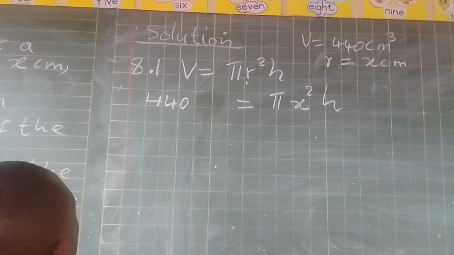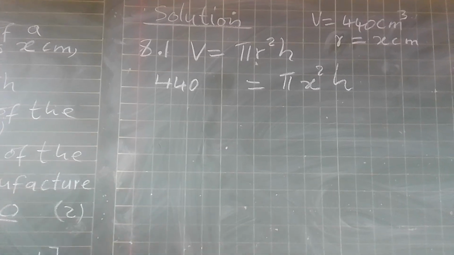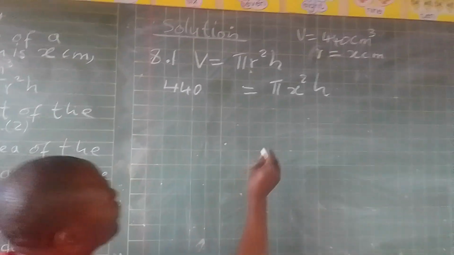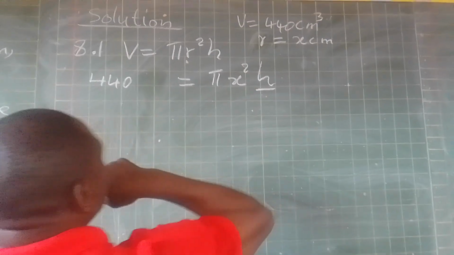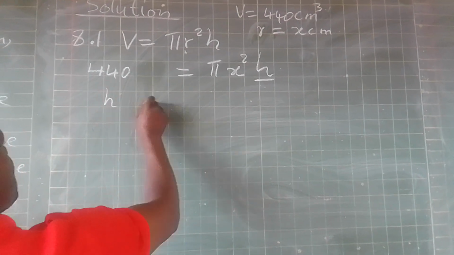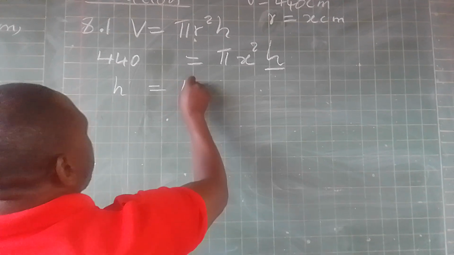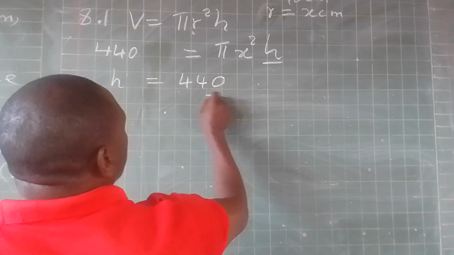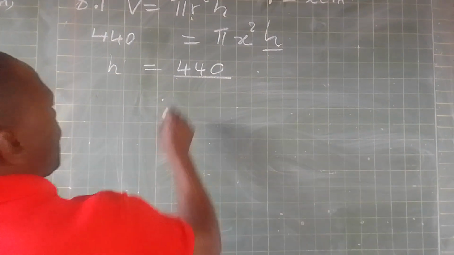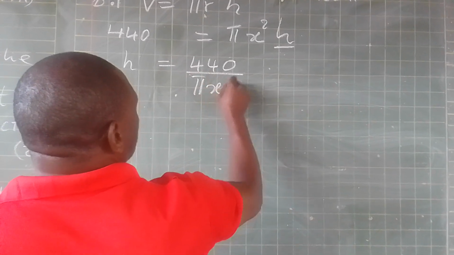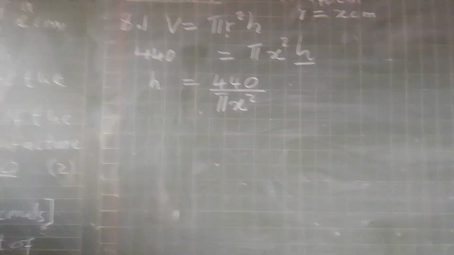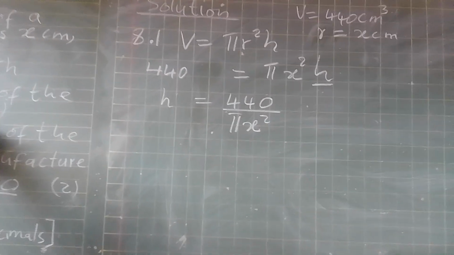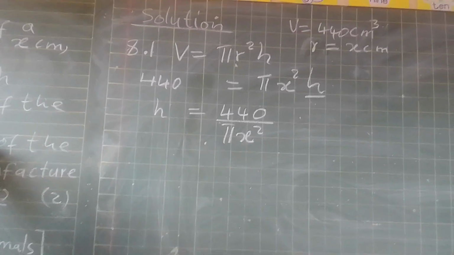Now we need to determine the height, this is what we are looking for. So the height is going to be 440 divided by pi x squared. We have determined the height in terms of x.